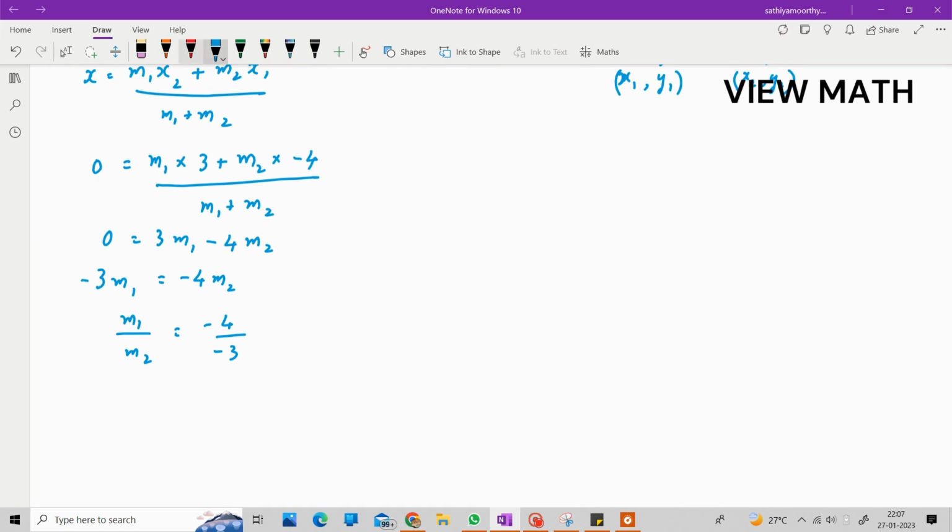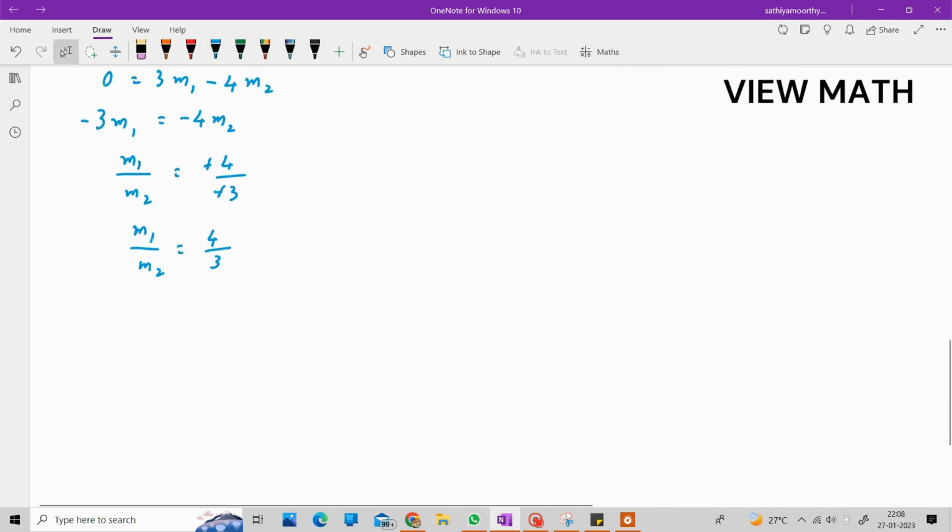The negative sign I can cancel, so m1 by m2 is equal to 4 by 3. Therefore, m1 is to m2 is equal to 4 is to 3. We have found out the ratio.